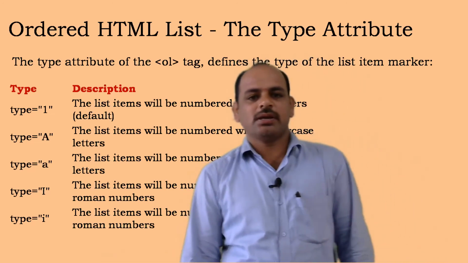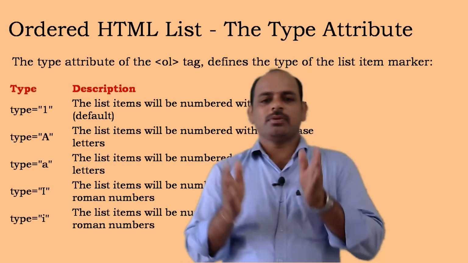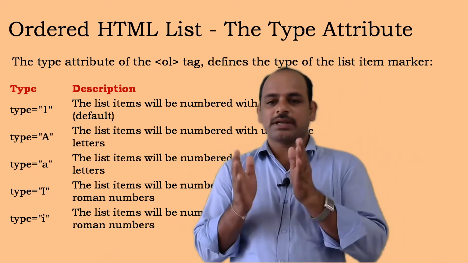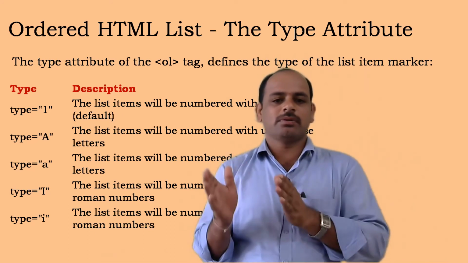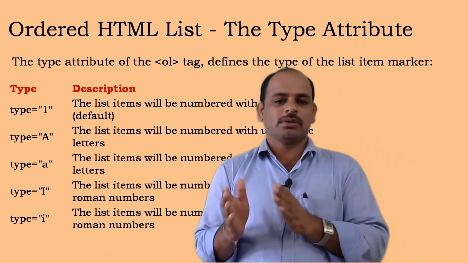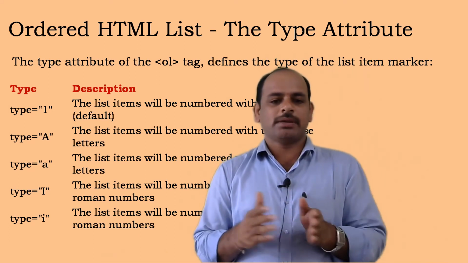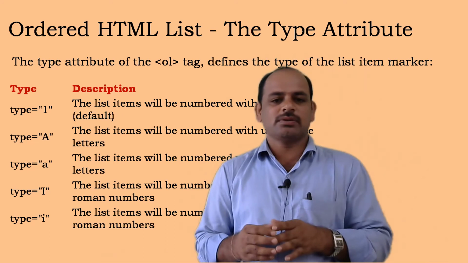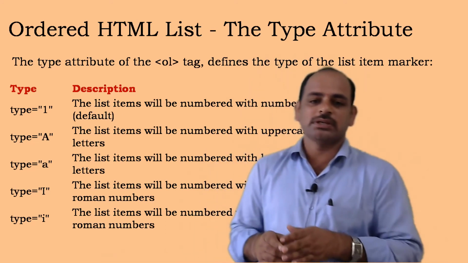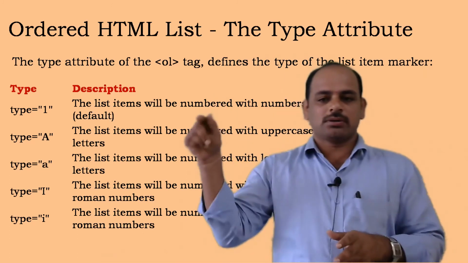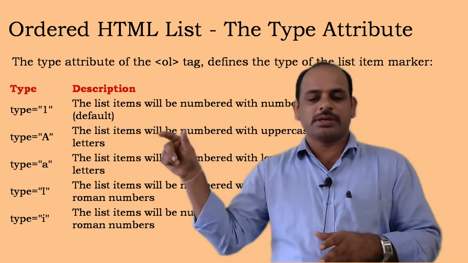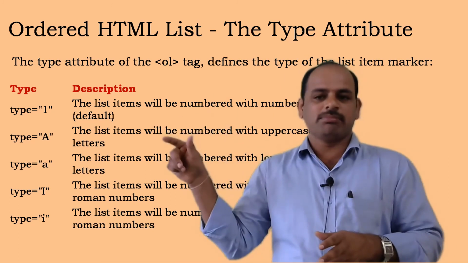Right? So here the type attribute of the ordered list tag defines the type of list item marker. That also we can use here. Type equal to 1, type equal to A, type equal to a, type equal to I, type equal to small i. So this we can use here. Type equal to 1 means list items will be numbered with numbers: 1 coffee, 2 tea, 3 milk, like this.